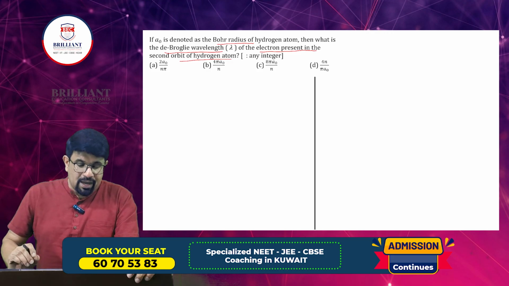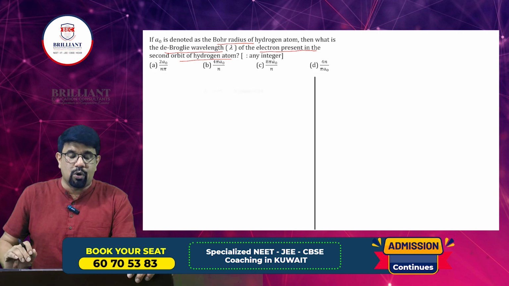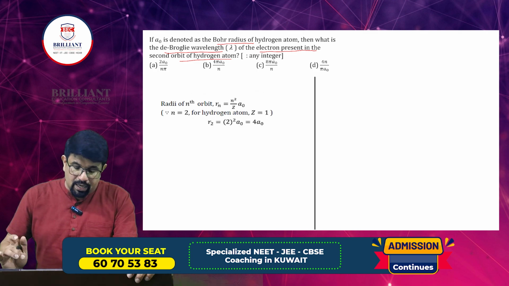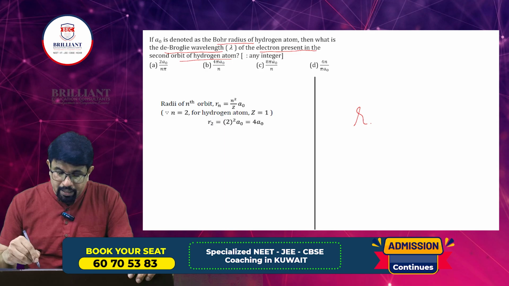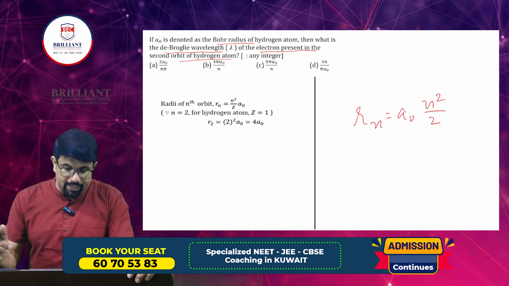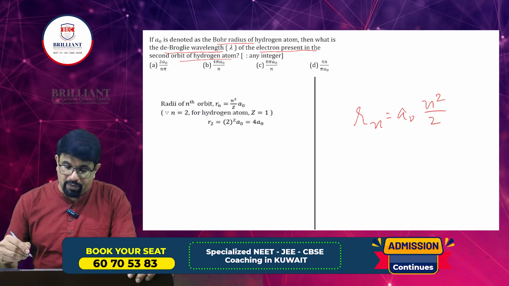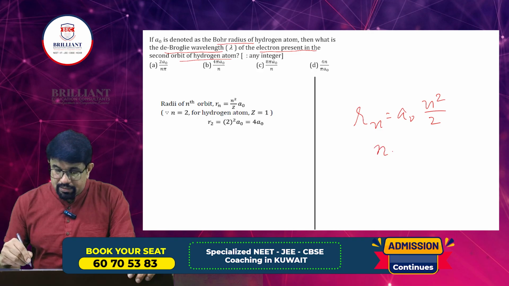In this question, how can we calculate the de Broglie wavelength and how can we connect it with the Bohr radius? We already know that Bohr radius Rn is A0 n square divided by Z, right? The electron is in the second orbit of hydrogen, so n is equal to 2.